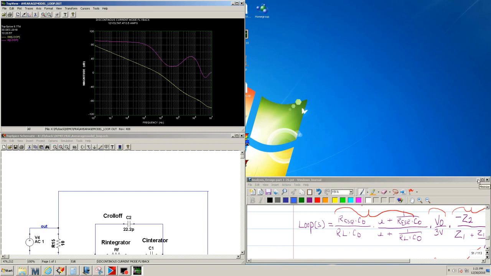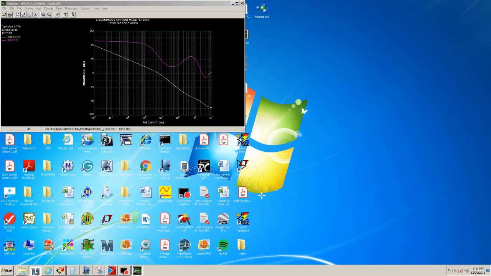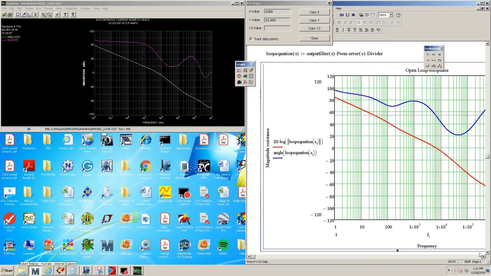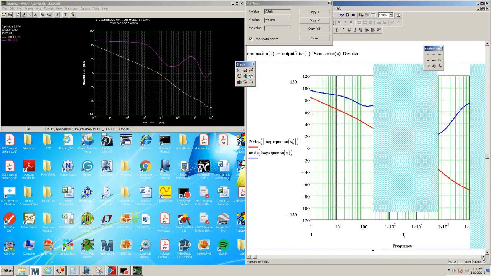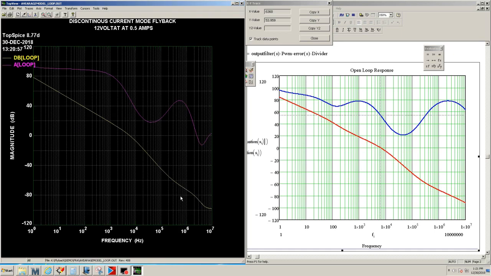Okay. Let's see if I can pull this out here. And if you notice, it looks pretty similar.